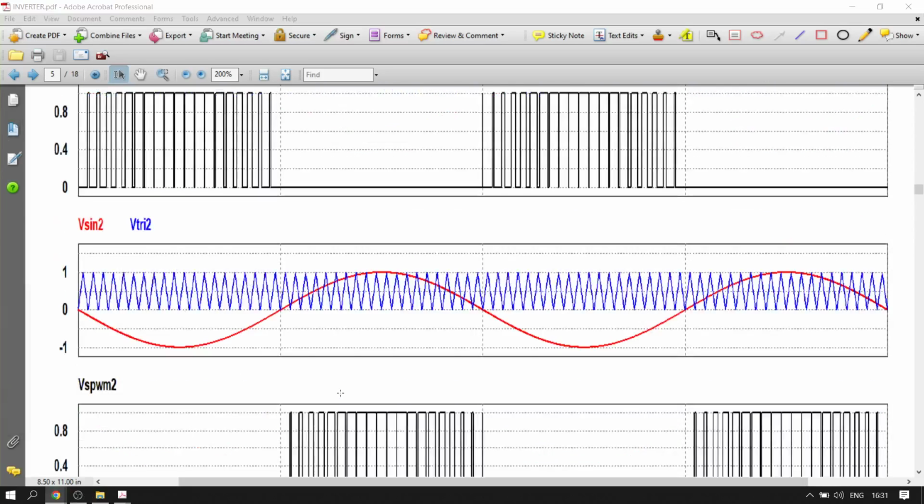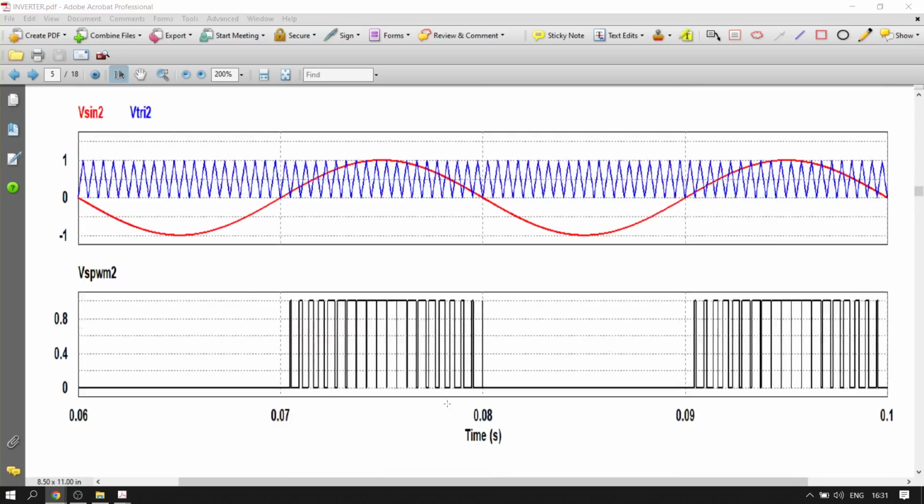Okay. Right. Ini yang untuk second comparator. Nampak? Dia punya sinusoidal signal, dia inverting version, compare with the same carrier signal, positive value, and then ini dia punya control signal dia. On off, on off, on off.